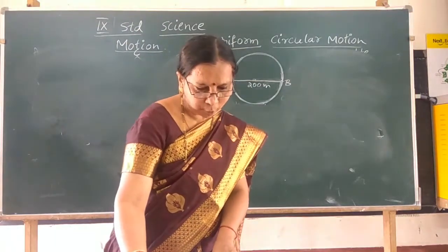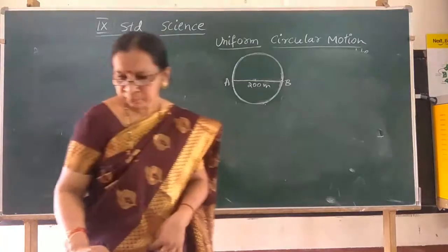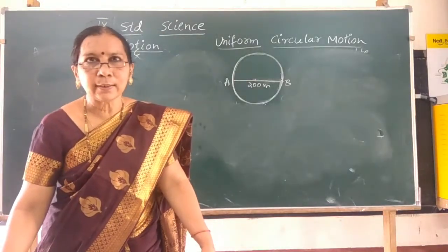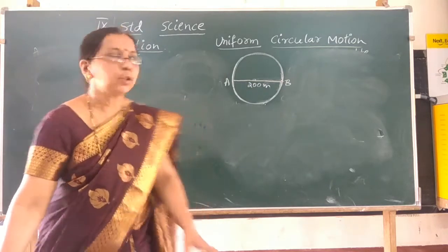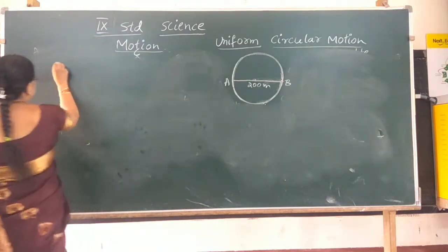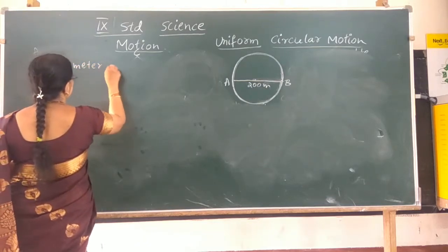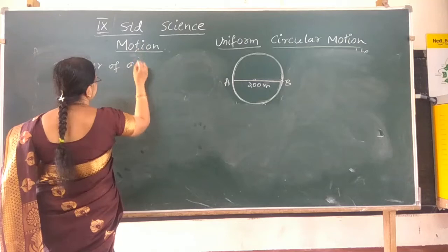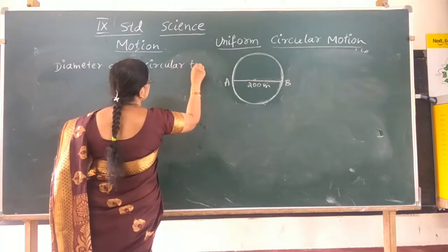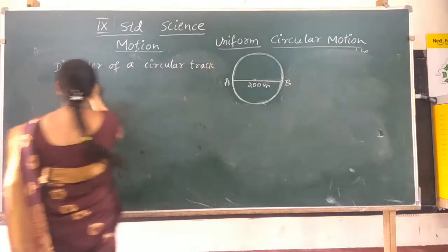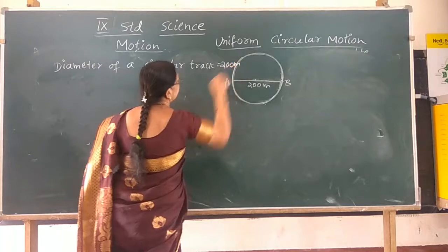Now, how to solve the problem? What is given? Let us write first. The diameter of the circular track is given, it is 200 meter.